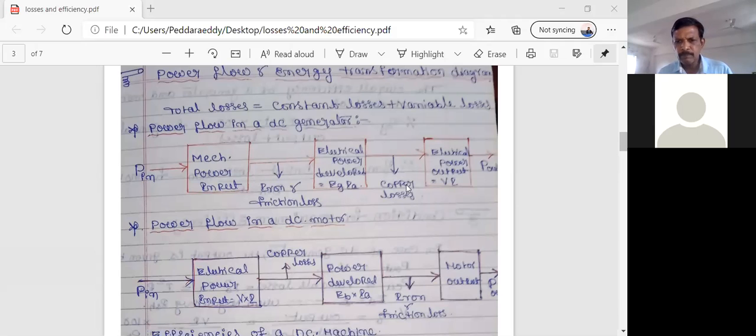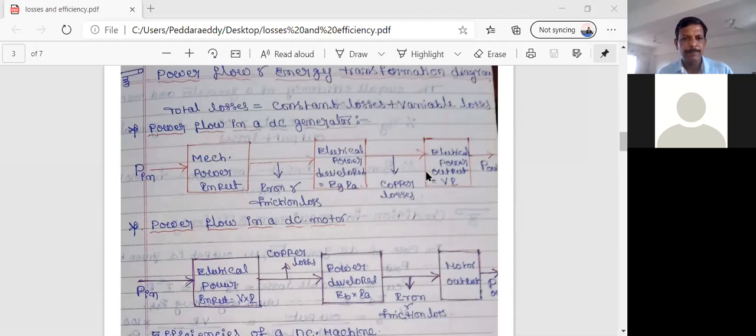Next, electrical efficiency. This is the input to this block and this is the output. Output by input means VI by EgIa. So finally we get the output power.